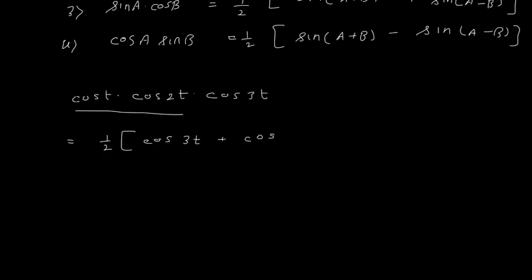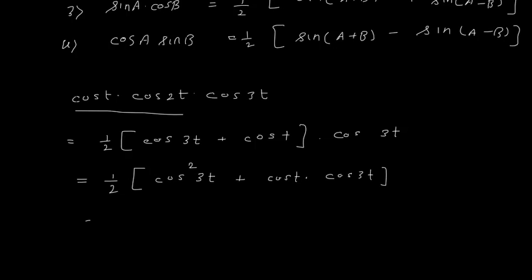So t minus 2t is minus t, but cos of minus theta is cos theta. So I will write cos t. Now this whole term is multiplied by cos 3t. So this will become 1 upon 2. Here we have cos 3t into cos 3t, that is cos square 3t, plus we have cos t into cos 3t.